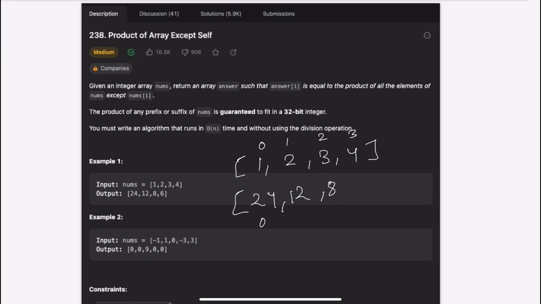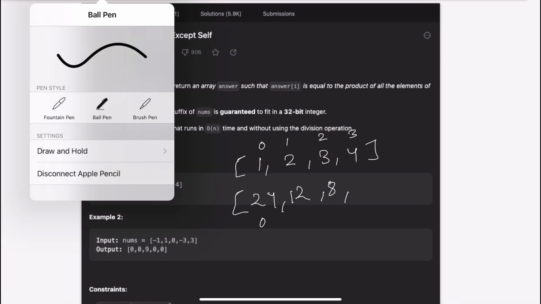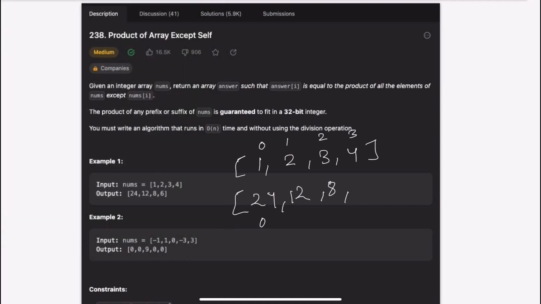And if I go on index 3, ignore the element on index 3 and multiply all the elements which are left, which is 1, 2 and 3. So the answer would be 1 into 2 into 3, which is 6, right? I hope now you understand the question.